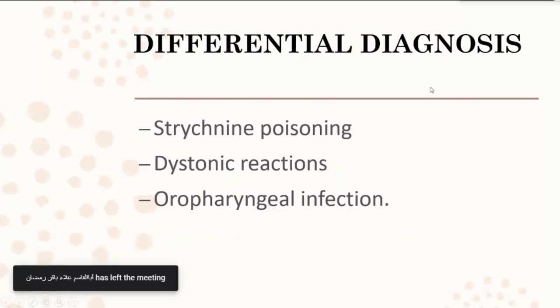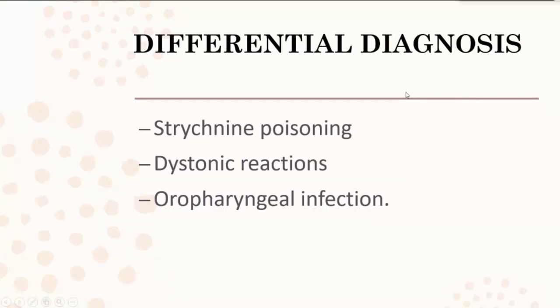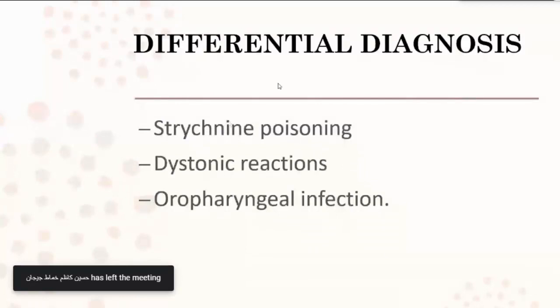Okay. What are the differential diagnoses of this appearance اللي قلنا, opisthotonus or the lockjaw? Strychnine poisoning. It is a substance used for killing of the stray dogs, inadvertently sometimes taken by children or even suicide.